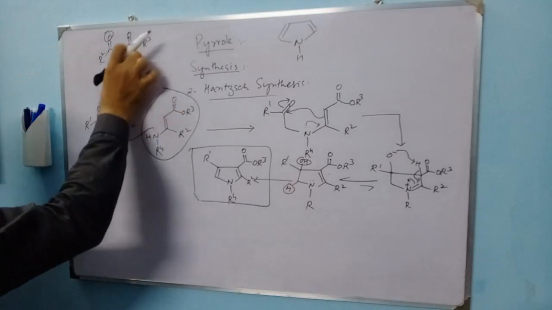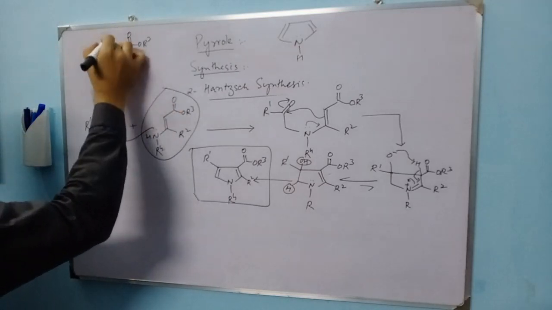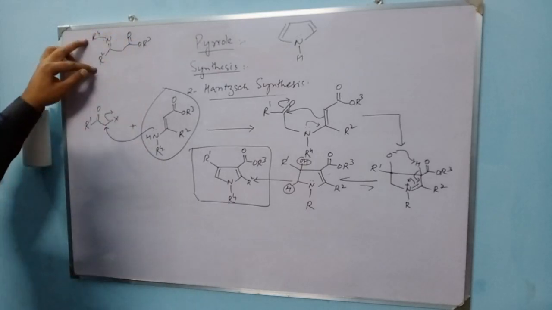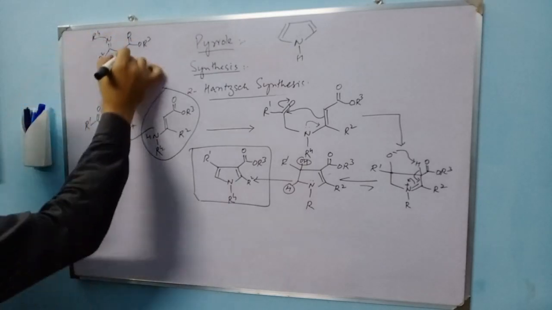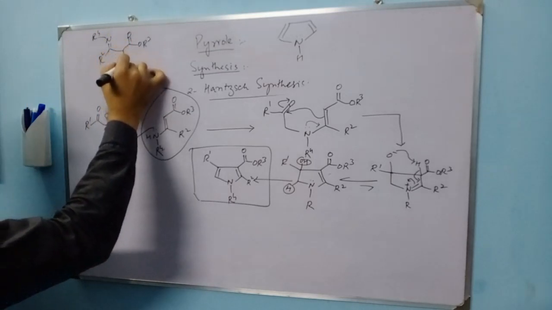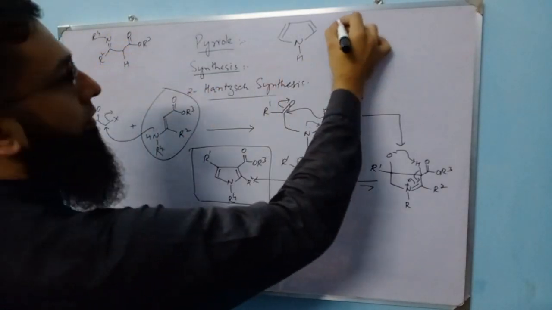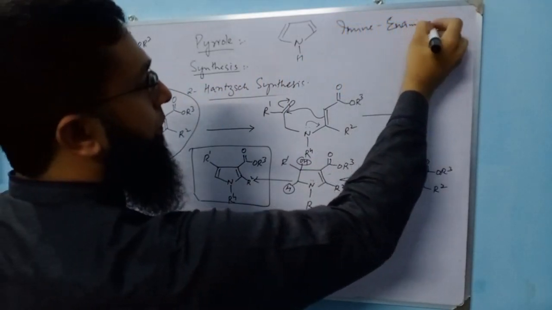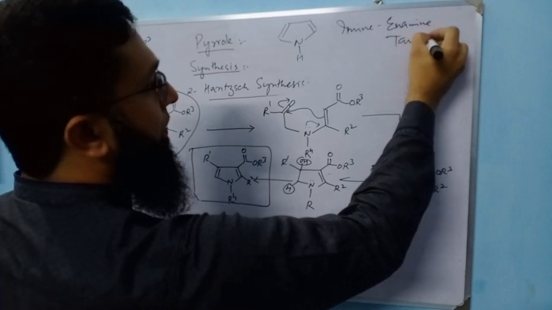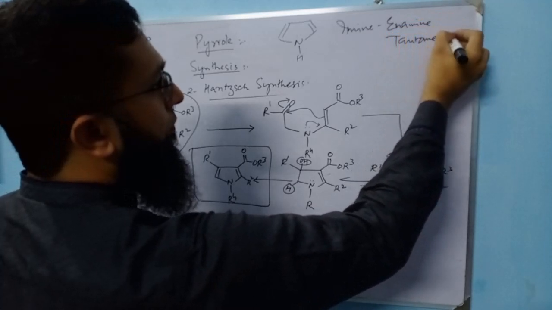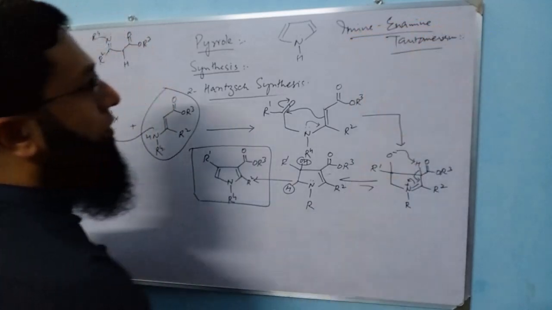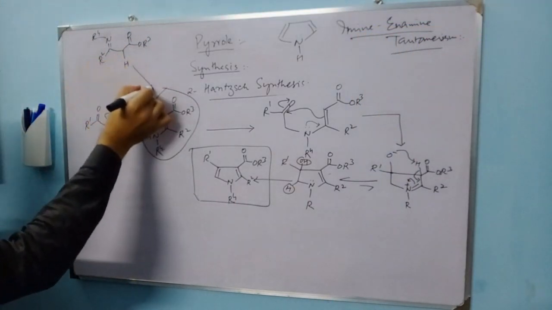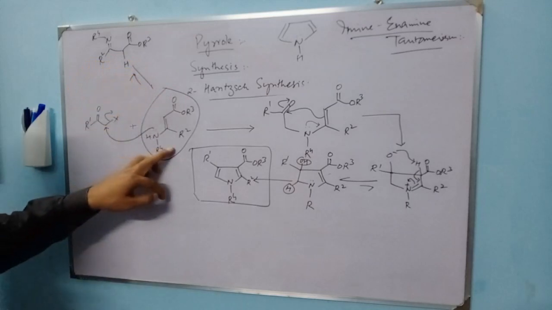So I again show imine here. So this imine can now tautomerize. Here we should know what is imine enamine tautomerism. We should know this. Now this would tautomerize, and as a result we would get this intermediate.